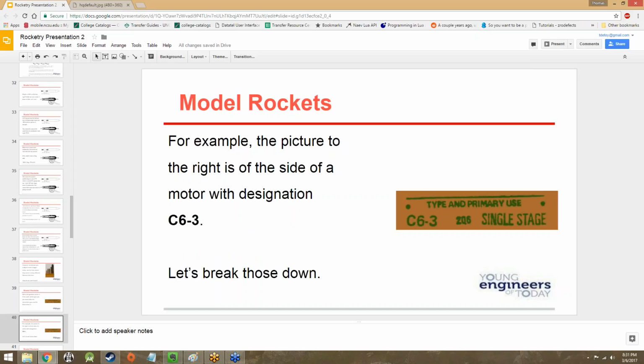This is a motor with designation C6-3, and you just say C63 or whatever. Or maybe, depending upon who you're talking to, the letter is assumed, and you say, like, oh, what about the 6-3, or the 10-5, or the 4-1, whatever.